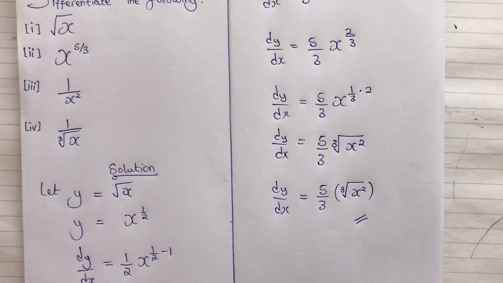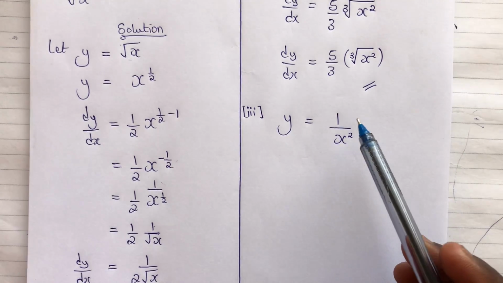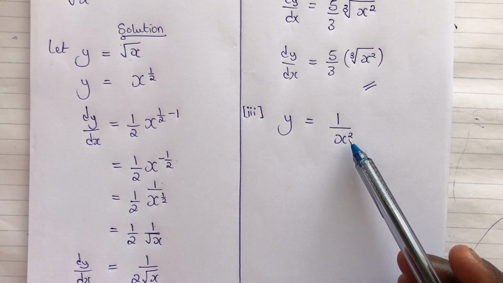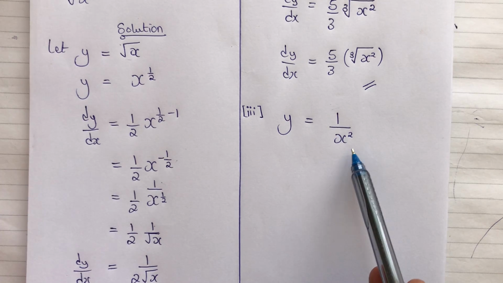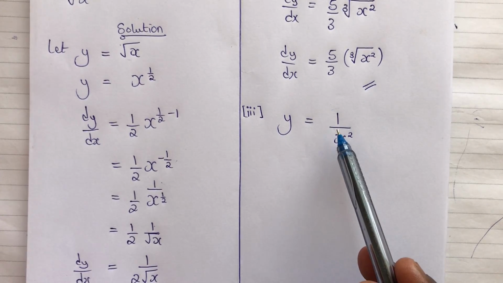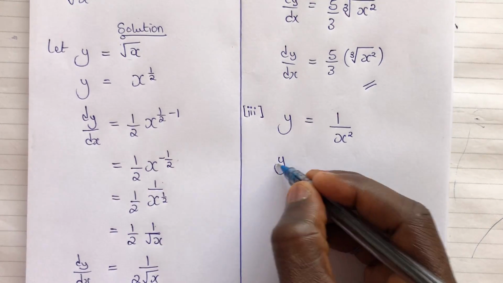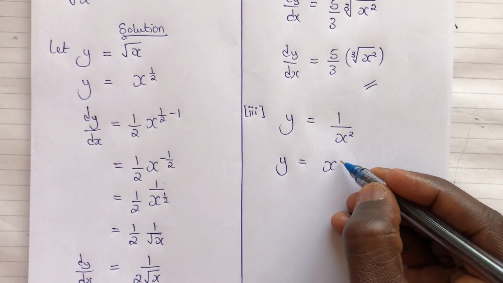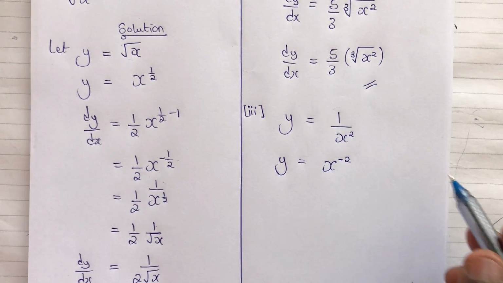Okay, so let's move on to question number 3. From question number 3, we have 1 over x squared. Before we can use the power rule here or differentiate this side, we need to change this into a linear function. I've already explained this. So y is the same as x to the power negative 2, because this is the same as 1 over x squared.